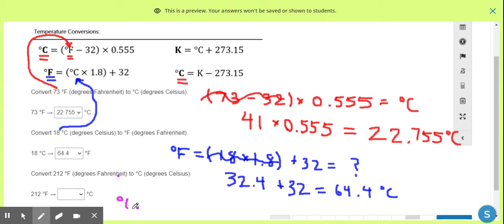So Celsius equals, I want my 212 minus 32. Get an answer for that first, and then multiply by 0.555. And that should get you your answer.